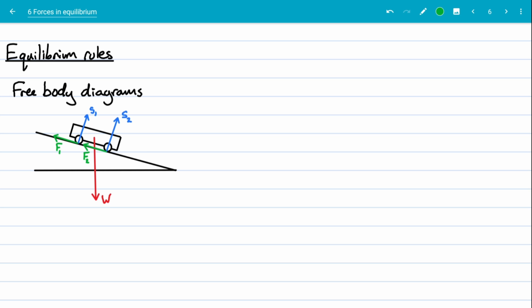So static friction can have any value up to some maximum. Beyond that, the object is no longer stationary relative to the slope in this case. So you make the slope steep enough, the car will start slipping down it. At that point, you've got kinetic friction, which depends, usually, not always, on the relative speed between the two surfaces in contact with each other. We usually think about friction as one surface sliding over another.